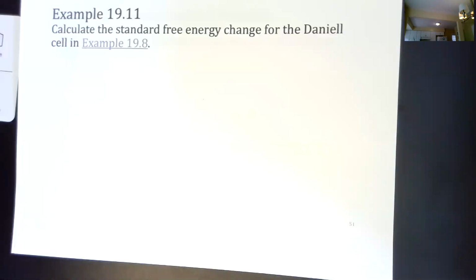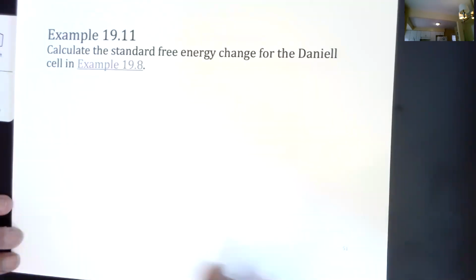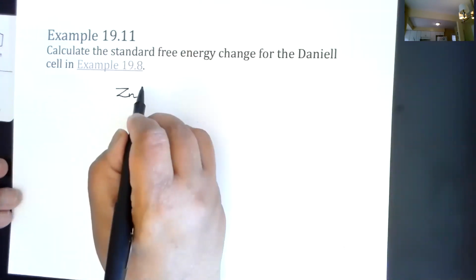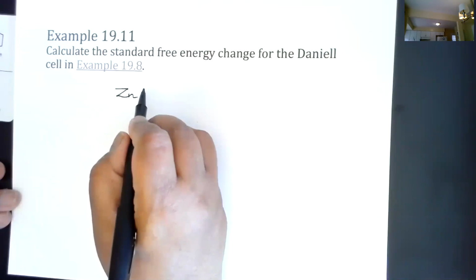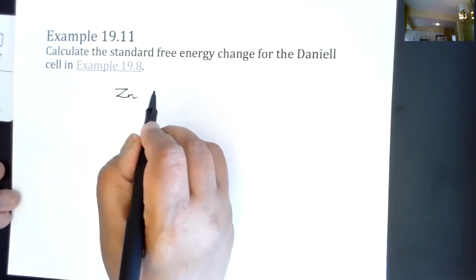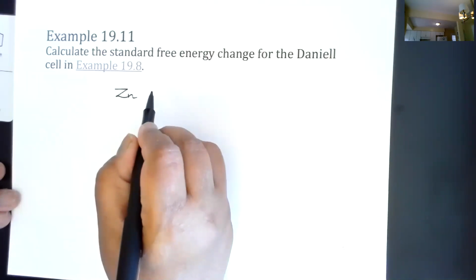Now we calculated the Daniell cell, which is specifically referred to this one. Zinc. I'm going to write the equations.